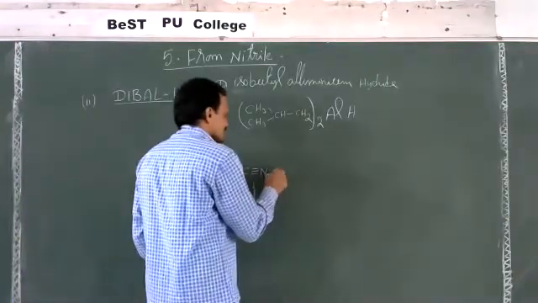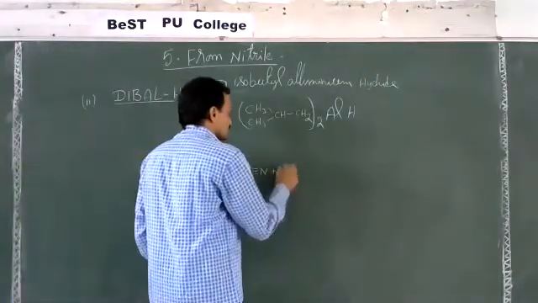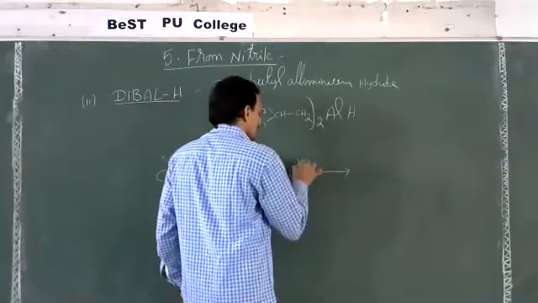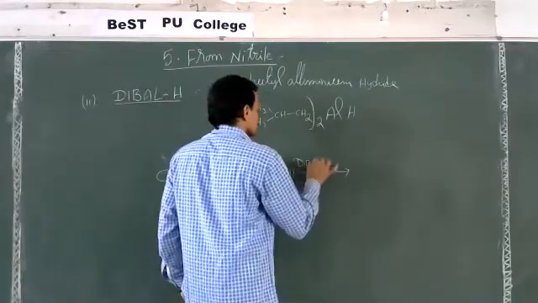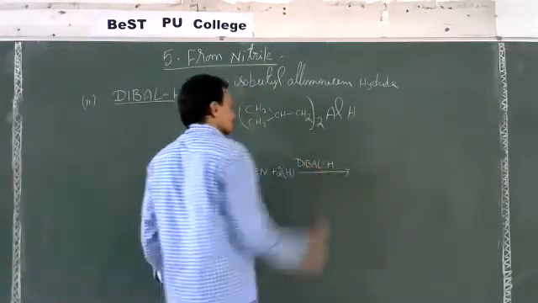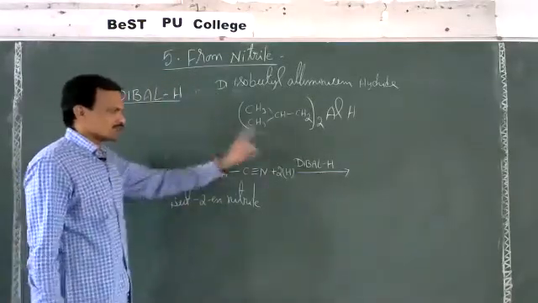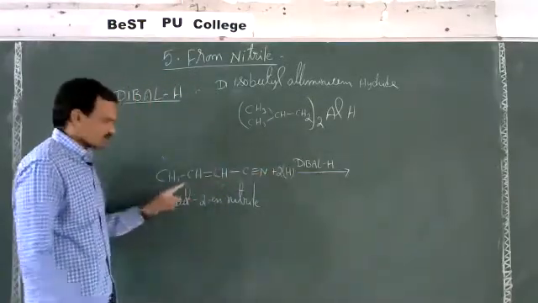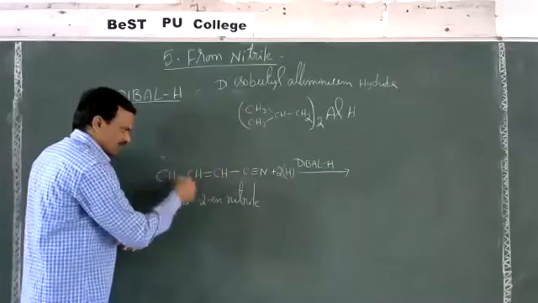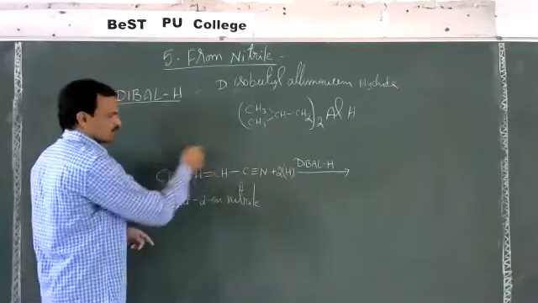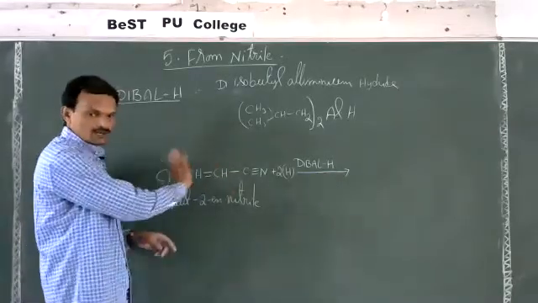When this is subjected to reduction in the presence of Dibal H, we get an imine. Dibal H reduces this without affecting the unsaturation in the given compound. This unsaturation will not be affected.